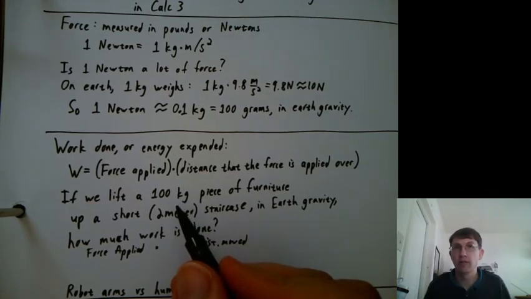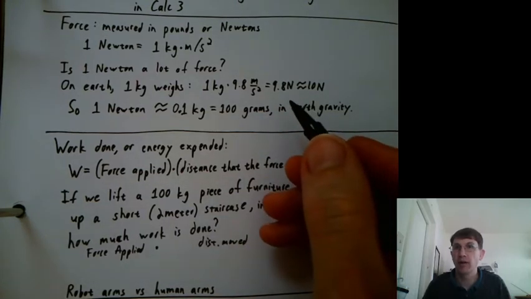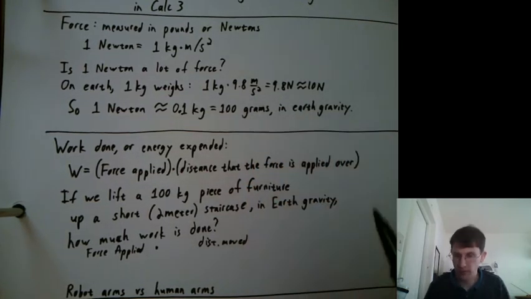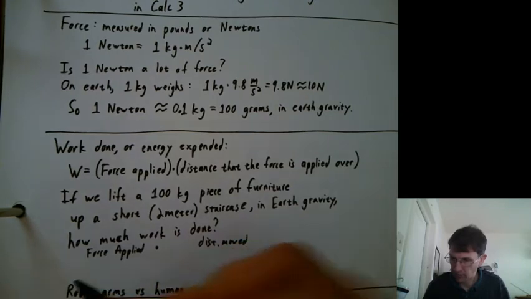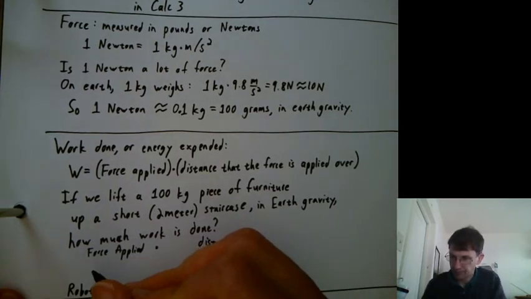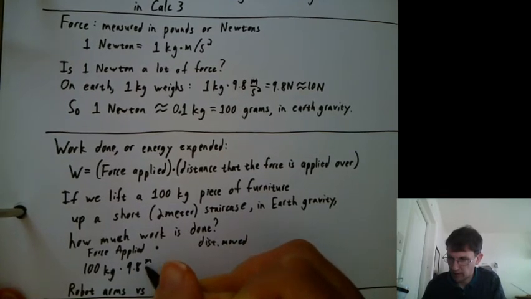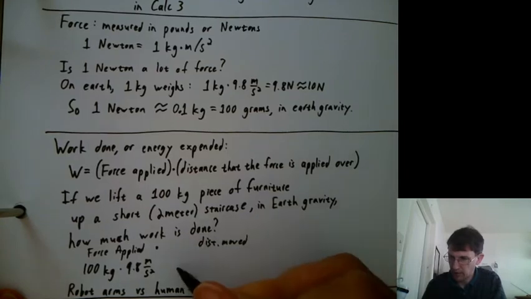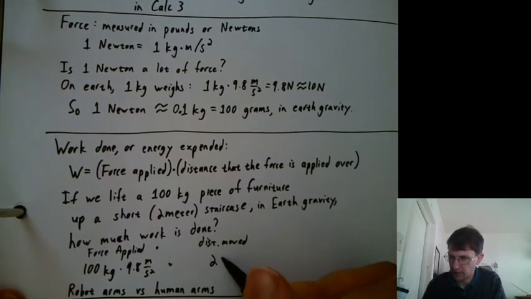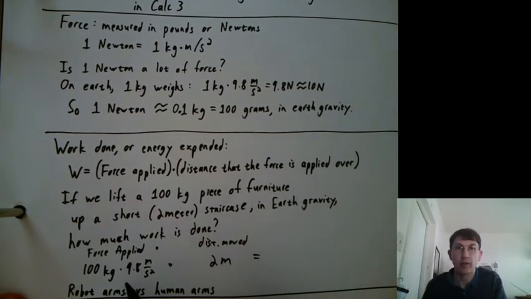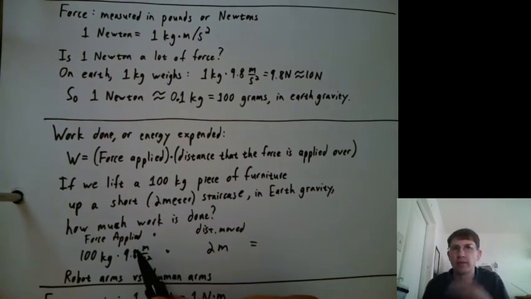To convert to force, we have to say how hard is the Earth pulling on things, 9.8 meters per second squared per kilogram, roughly. So the force applied would be 100 kilograms times 9.8 meters per second squared. And then the distance moved, we just said 2 meters. So let's treat 9.8 as 10 mentally.